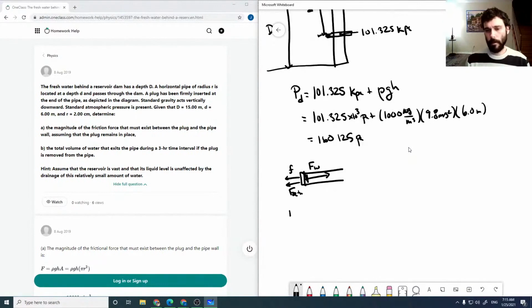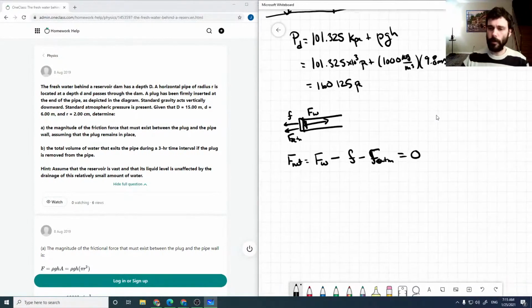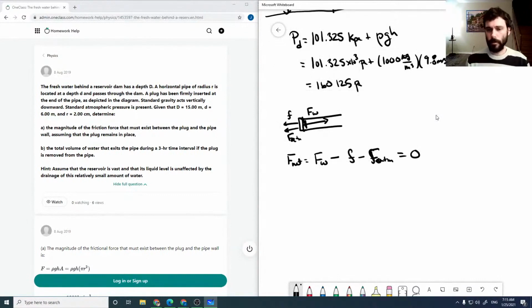So F net is equal to the force due to the water minus our frictional force minus our atmospheric force, which is equal to 0 as it's not moving.